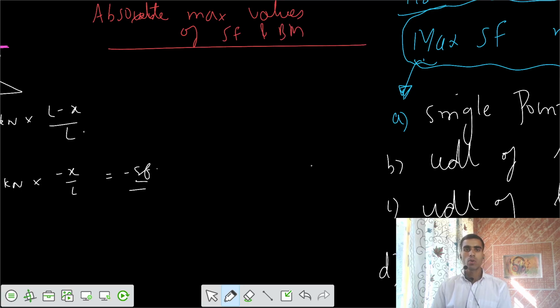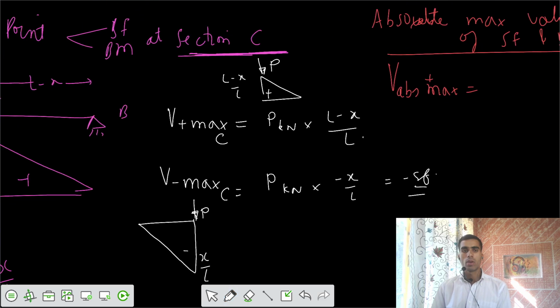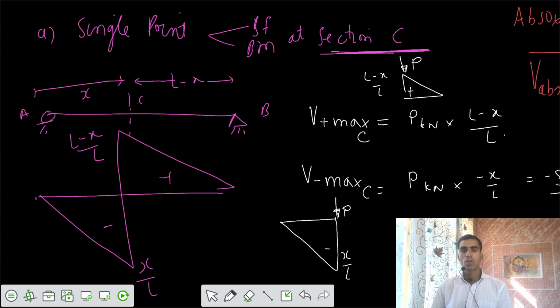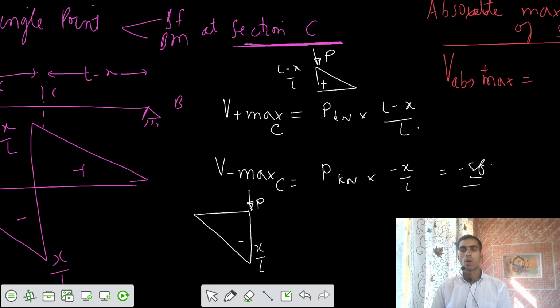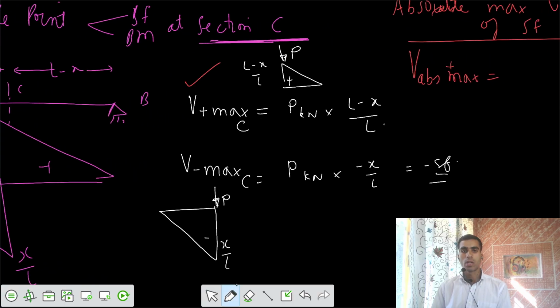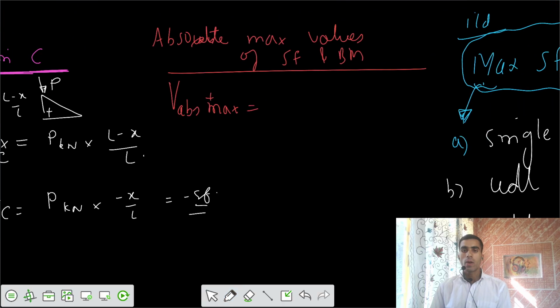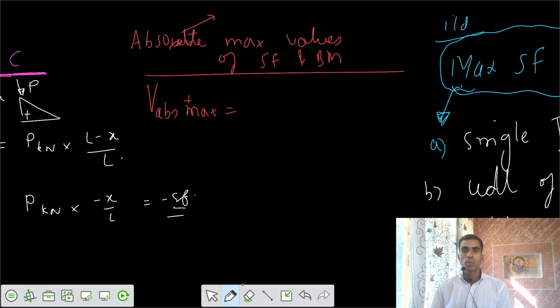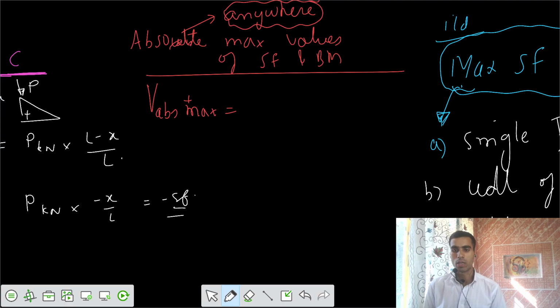If you talk about V absolute maximum, and that also positive, what should be that value? You got the value at particular section C, what is the maximum ordinate at that particular location. Now if I want that anywhere in the beam, that's what absolute means, wherever you can find maximum, that's your absolute maximum value of shear force and bending moment.